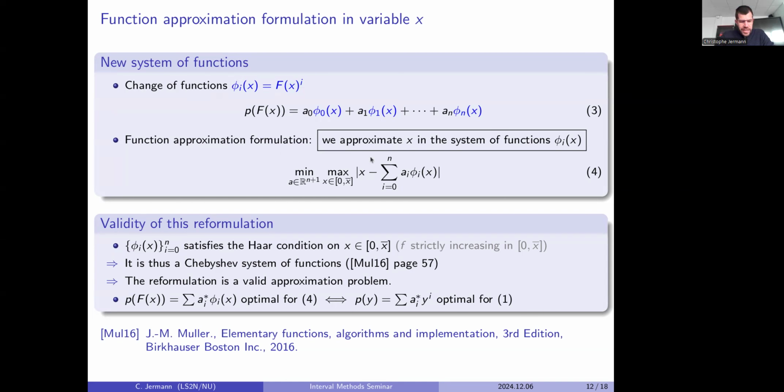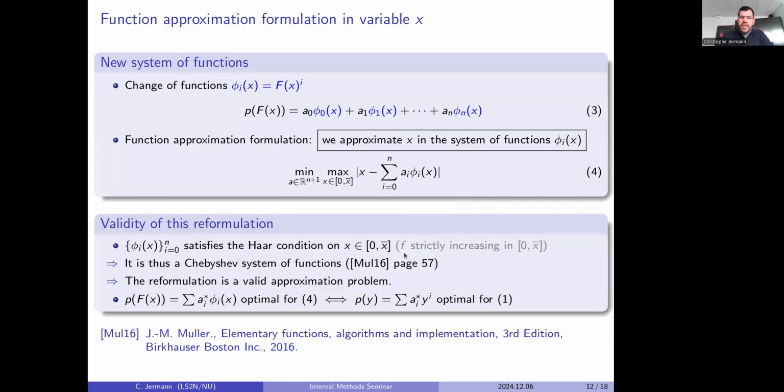And it amounts to approximating, as I said, the identity function x with a specific family of functions. For this problem to be a valid approximation problem, it has to satisfy some conditions, and we were able to check that in our case the conditions are satisfied. The family of functions has to satisfy the Haar conditions.